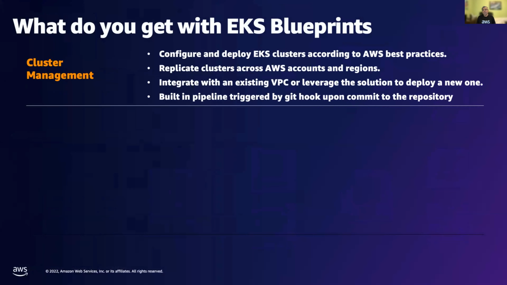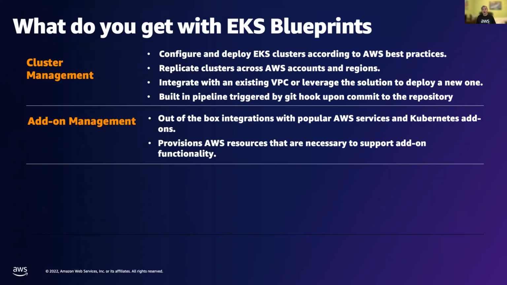So to summarize, EKS Blueprints provides the ability to configure and deploy EKS clusters and their compute capacity. You can replicate them across environments, integrate into an existing VPC, and automate cluster operations using an automatic pipeline that is triggered upon every commit, right?